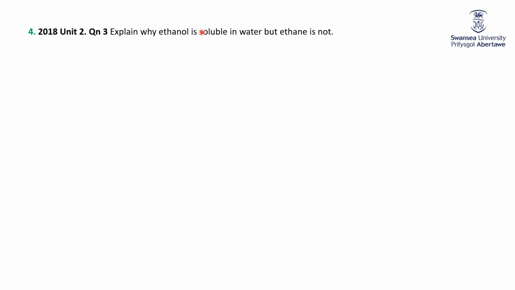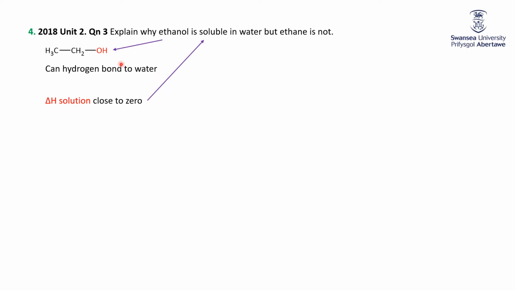So why is ethanol soluble in water, ethane not? There's ethanol, can hydrogen bond to water, so therefore when you add it in, the delta H of solution will be close to 0 because you're breaking hydrogen bonds between the water molecules, but you're making new hydrogen bonds to the ethanol. Ethane, on the other hand, CH3CH3, can't hydrogen bond. It only has London dispersion forces when it's pure ethane.